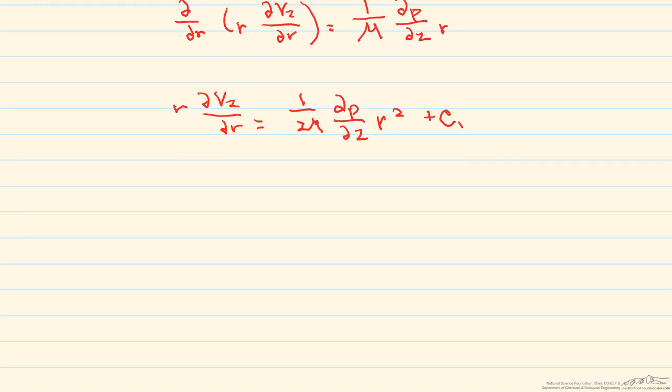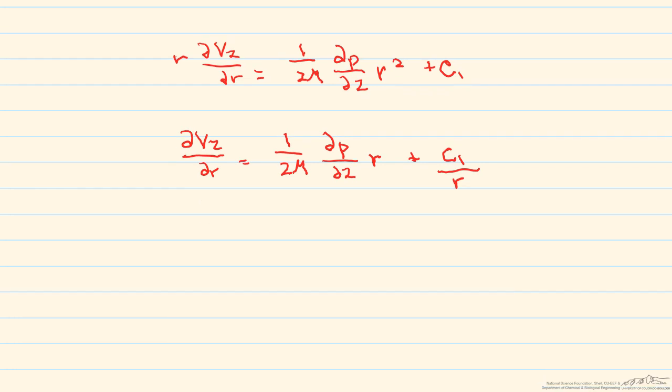Remember, we have to divide all of these through. So this is dvz/dr is equal to now 1 over 2 mu dp/dz times r plus, don't forget this constant, that needs to be divided by r as well.